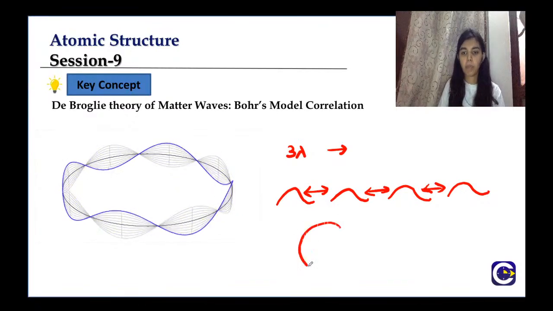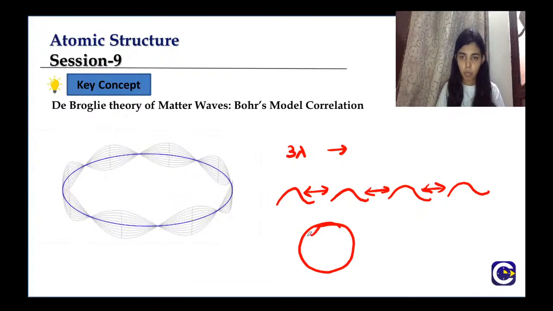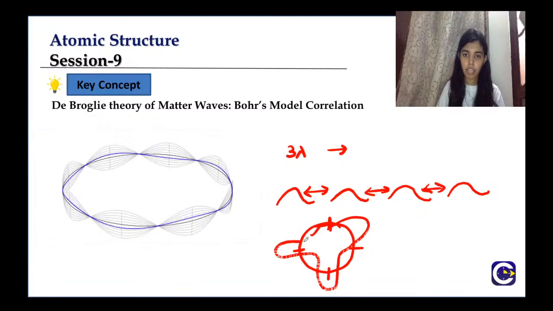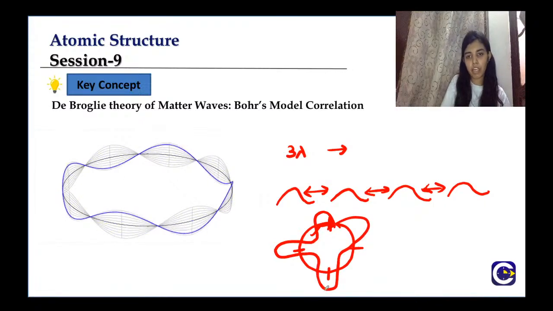So this 2 pi r can be made like this, 1, 2, 3, 4, right? So the matter wave will be somewhat like this, right?